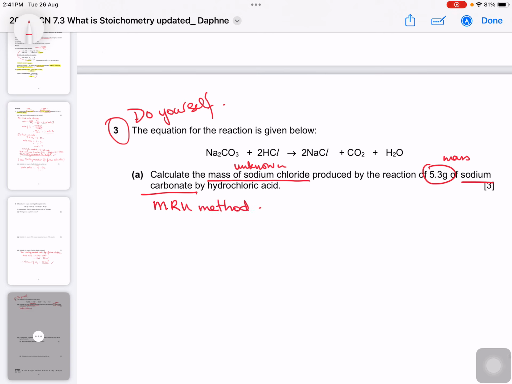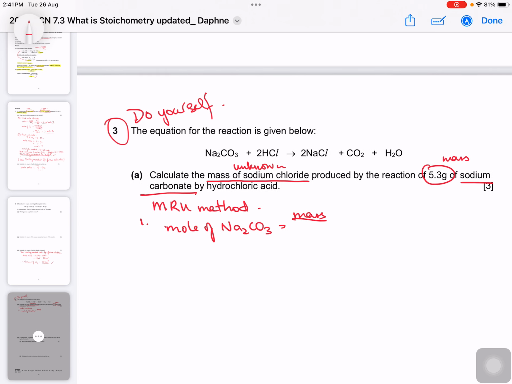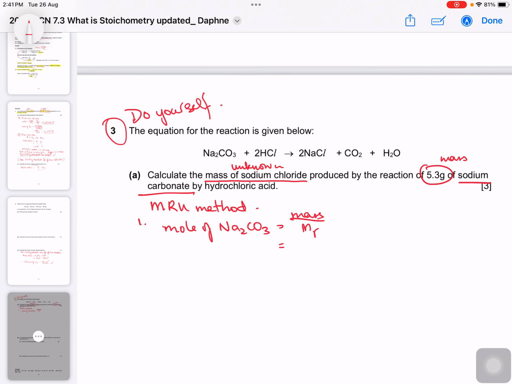So part 1, mole of sodium carbonate, Na2CO3. First thing, always find mole. So it will be mass over mR. This will be 5.3 grams divided by 106. And this will give you 0.05 mole.